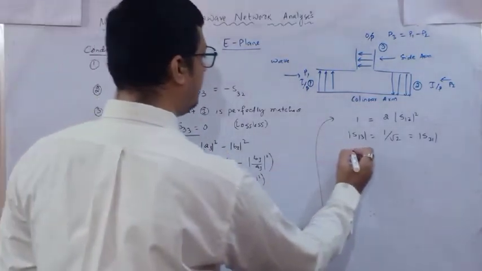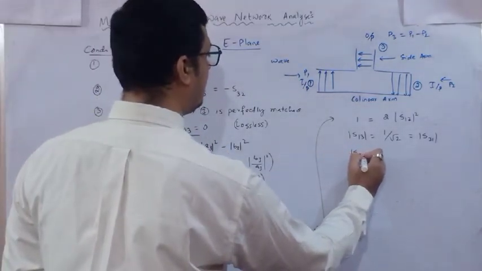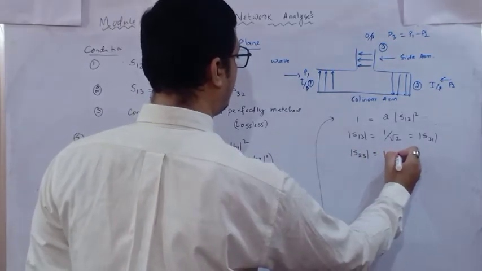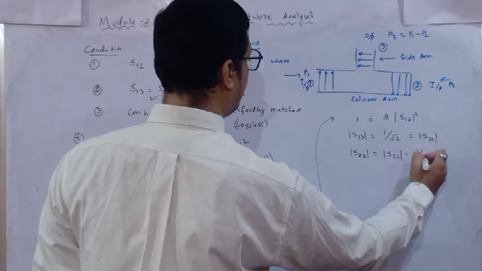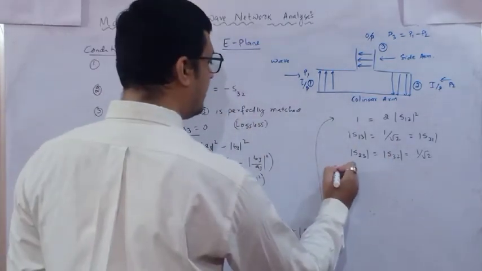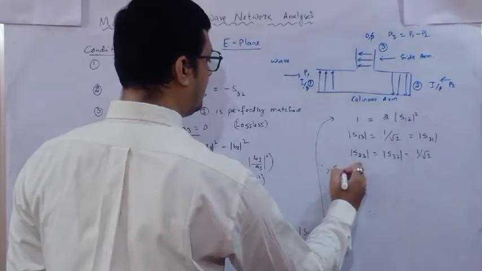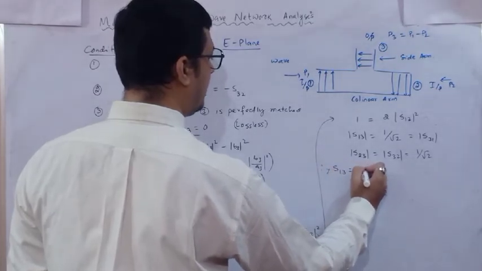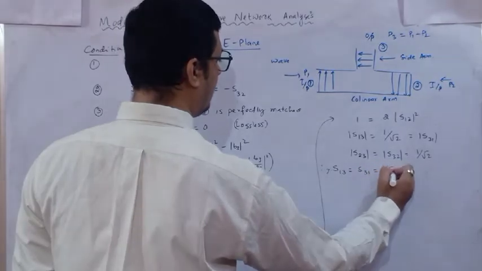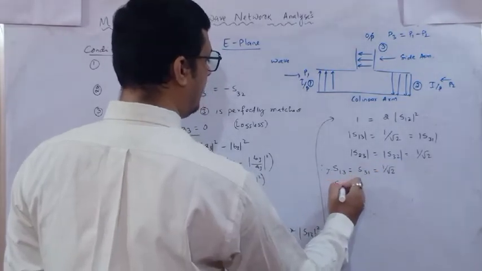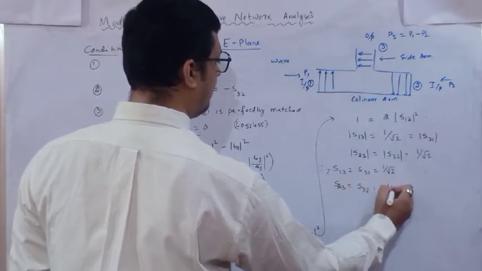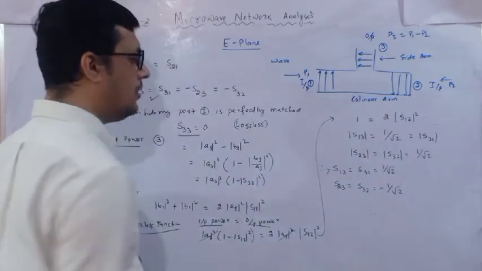And S23 is equal to S32, magnitudes are the same but opposite in phase. Therefore S13 is equal to S31 is equal to 1 by root 2, then S23 is equal to S32 will be minus 1 by root 2.